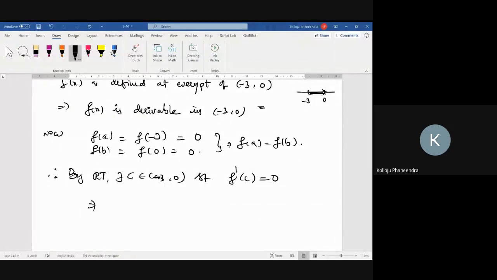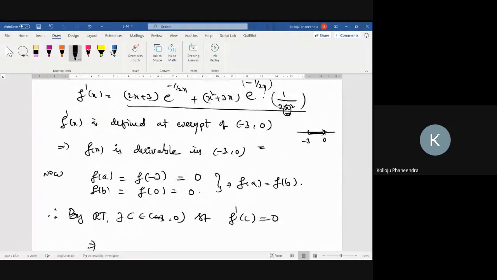Already we calculated f dash c here. Let me write this. f dash c means 2c plus 3 e to the power of minus 1 by 2c plus c square plus 3c e to the power of minus 1 by 2c into 1 by 2c square equal to 0.